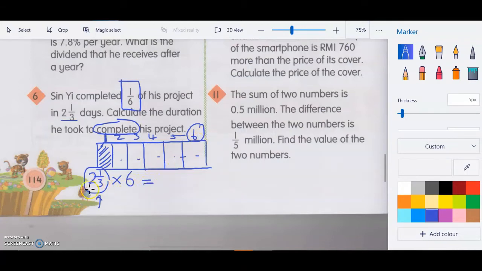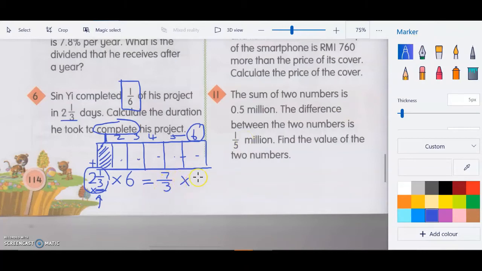Now you need to change this to improper fraction first, right? Times and then plus. So 3 times 2, 6. 6 plus 1, 7. The bottom doesn't change, should be 3.